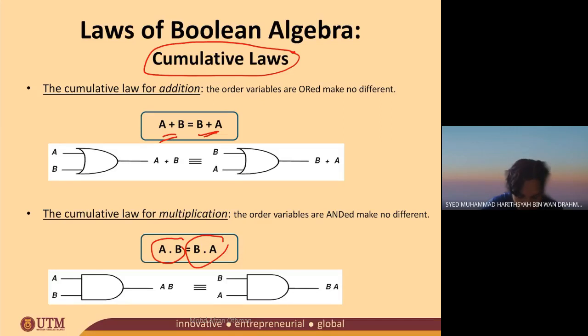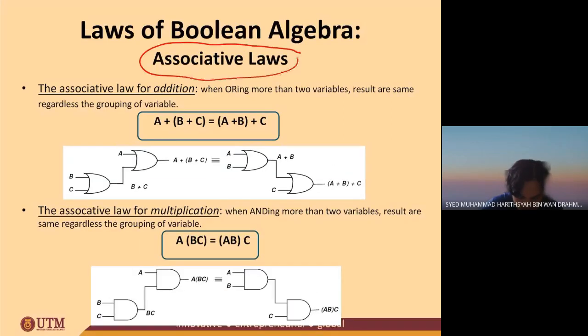The second one is the associative law. Basically this law, you have learned maybe in mathematics, on algebra. So for the associative law, for example, A plus B plus C, you can solve A plus B first and then plus C. So this is how the associative law works.